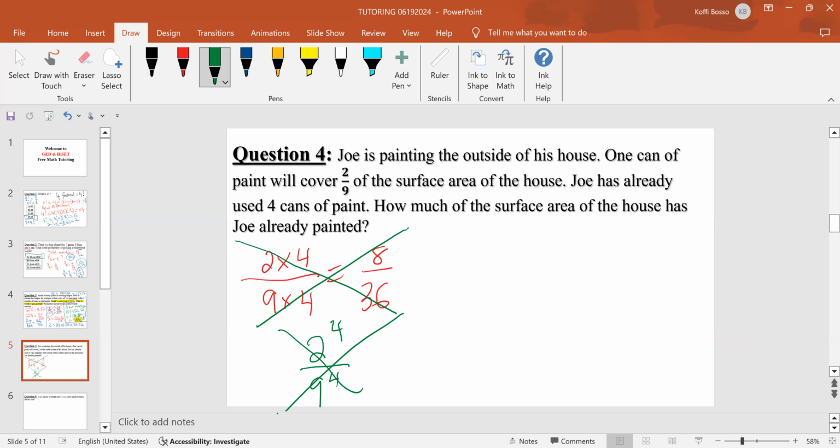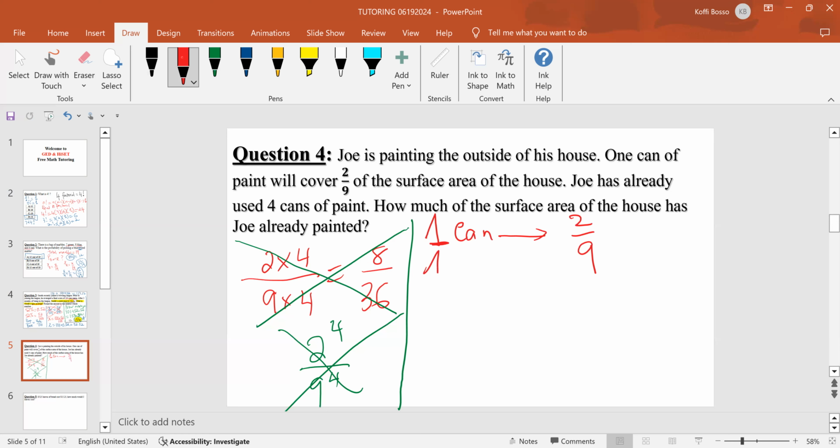They say Joe is painting the outsides of his house. One can of paint will cover 2/9 of the surface area. So let's break it down. If Joe takes 1 can, this paints 2/9.